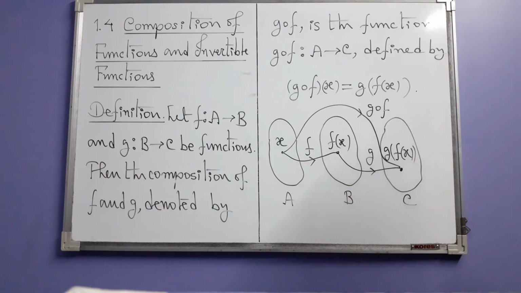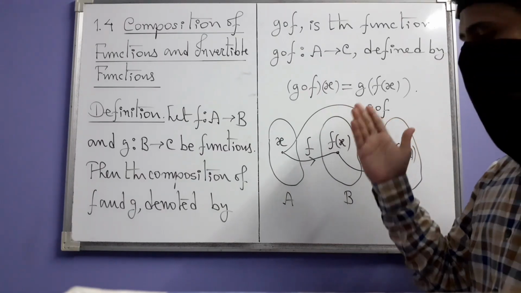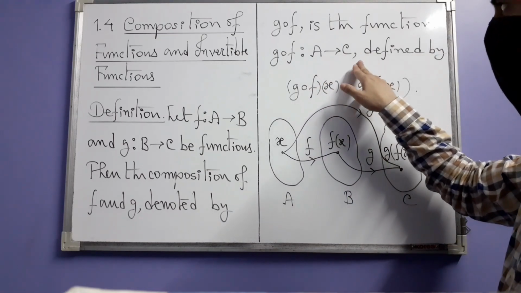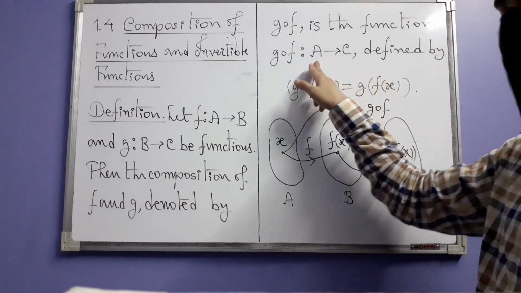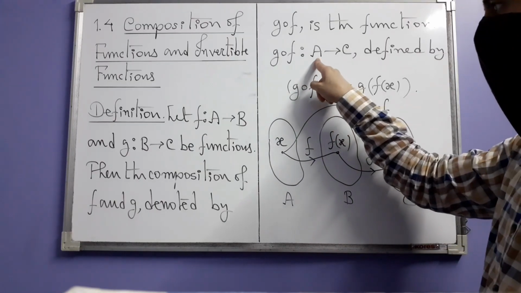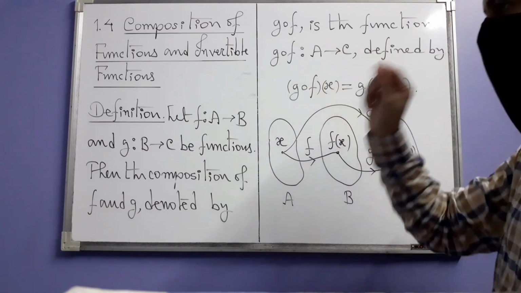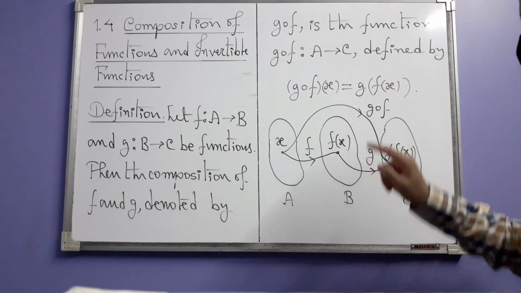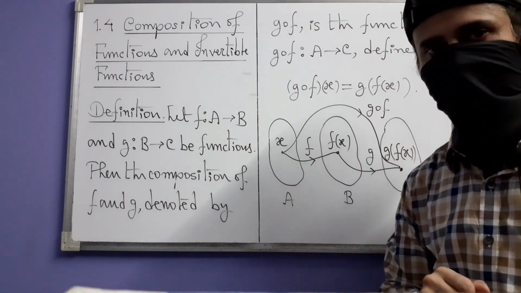Note one more thing, that this really is a function. That means it assigns a unique element of C to every element of A. How so? You are choosing any element x in A. For that x, there exists a unique element f of x in B, because f is well defined.